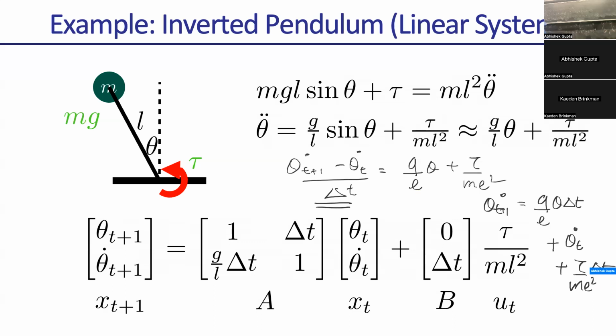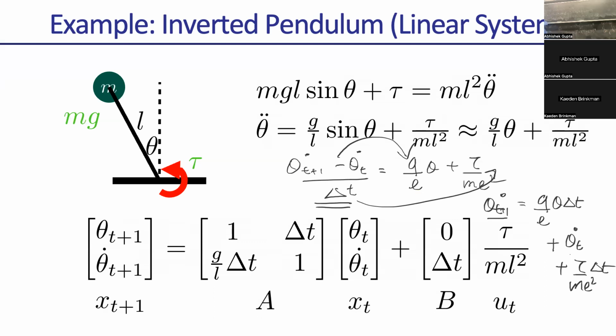I'm just multiplying both sides by delta t and shifting theta t dot to the other side.